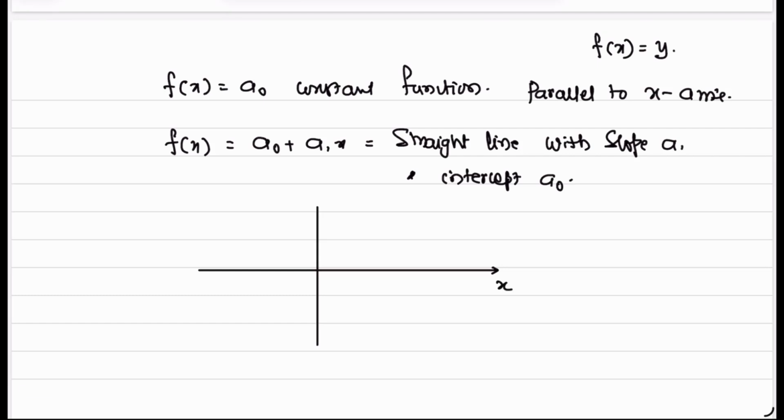This is x, this is f(x), the y-axis is f(x). Then f(x) is constant for all values of x. That means, here if f(x) is a0, then it is constant for all values of x. This is called a constant function.